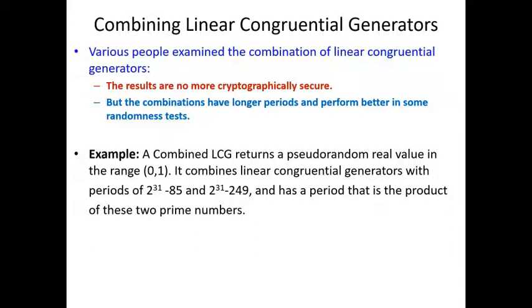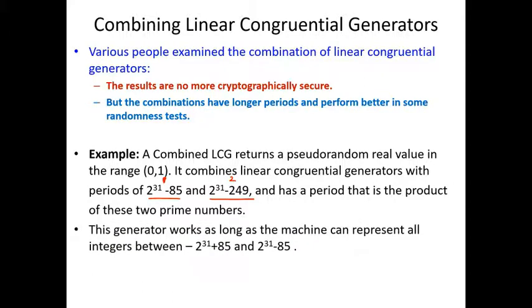One example is the LCG with period 2 power 31 minus 85, combined with another LCG with period 2 power 31 minus 249, and the product of both, the combination, will have a period which extends from minus 2 power 31 plus 85 to plus 2 power 31 minus 85.